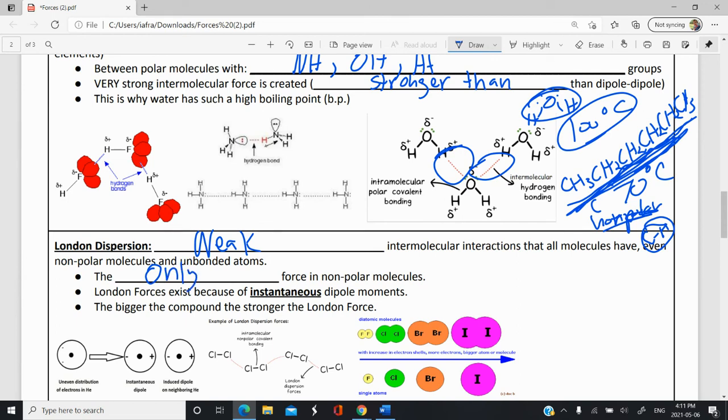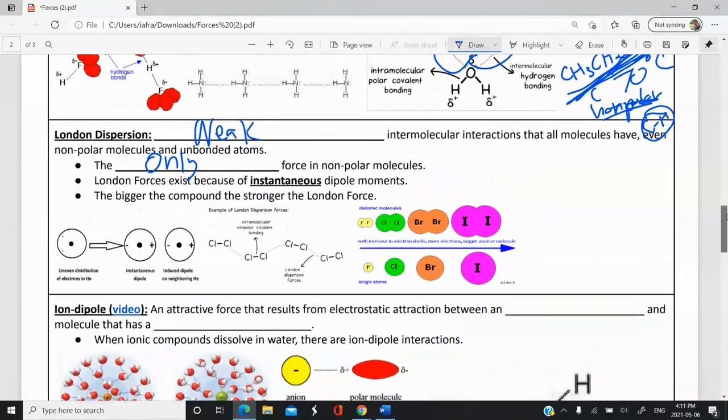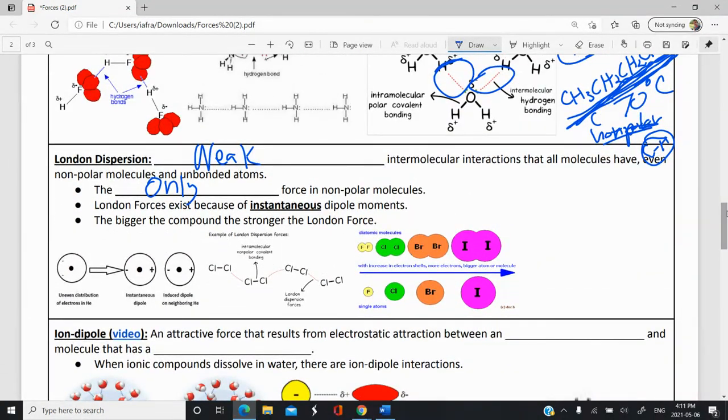Everything has them, but it's the only force in non-polar molecules, because non-polar molecules don't have any partial charges. And again, the reason those form is because you have these temporary or instantaneous dipole moments that form because the electrons move around. So they're temporary, they're not permanent.